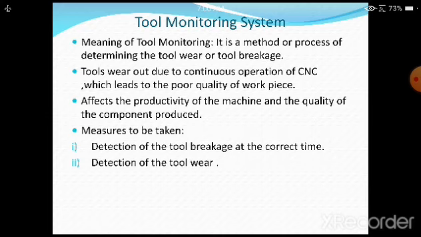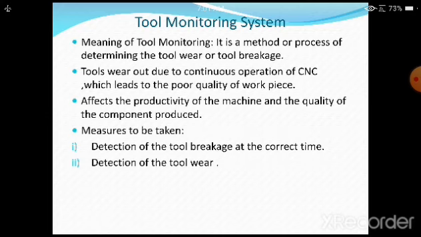Once tool wear exists, there is every chance that the finished component is not of the expected accuracy. So measures must be taken, and we need to detect tool breakage at the correct time. We require proper decisions on whether the tool has to be replaced or whether any other modification or step can be used, so that there is continuous production in a CNC machine.